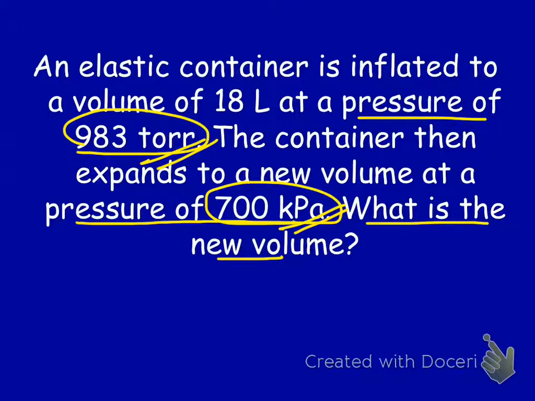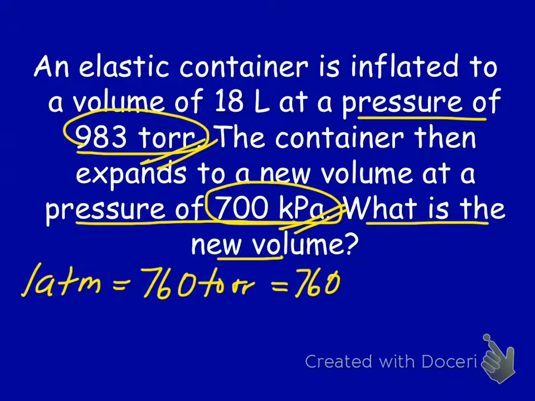So what I'm going to do is look at the pressure unit conversions. It's 1 ATM equals 760 torr equals 760 mmHg equals 101 kPa, and I'm going to choose what I want to convert to. So either I can convert the kPa right here to torr, so that both my numbers are in torr, or I can convert the torr right here to kPa so that both my numbers are in kPa.